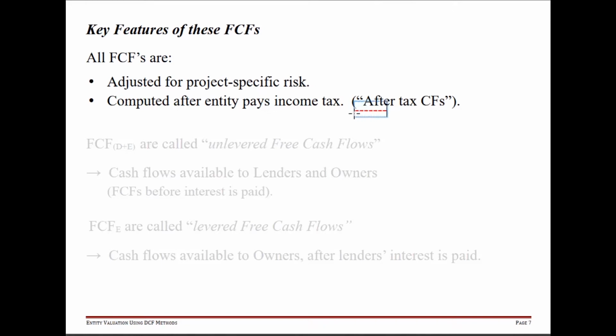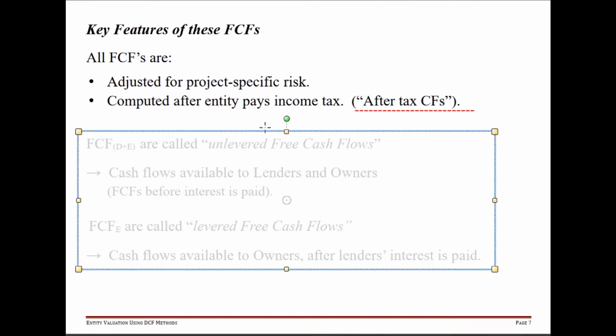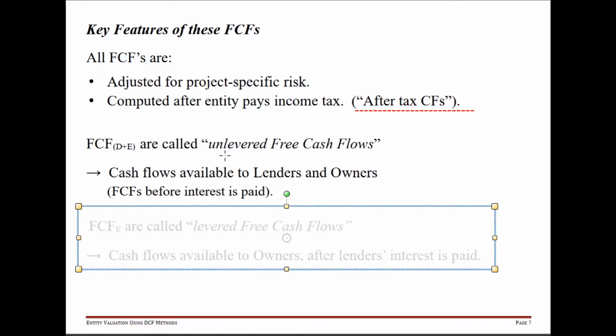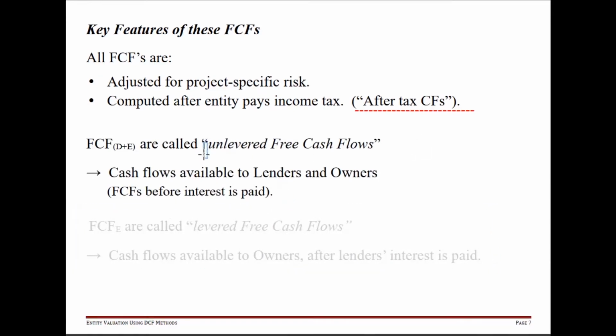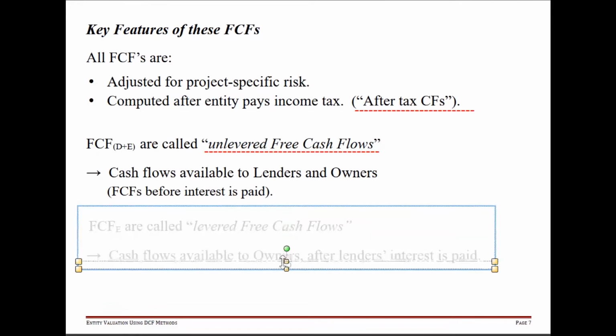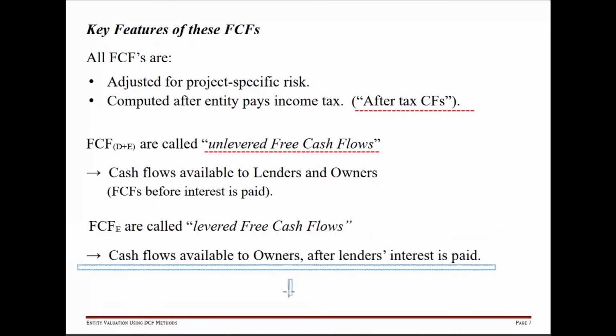So they're called after-tax cash flows. When we're talking about cash flows available to all stakeholders, we call them unlevered cash flows. That's because they're before the leverage effect of paying interest. And when we're talking about free cash flows to owners, the FCFEs here, these are called our levered free cash flows, and that's because they happen after the debt holders have been paid their interest.